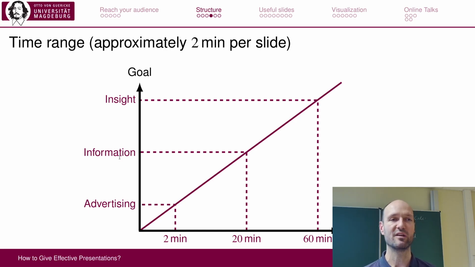And if you try to explain this message, you need, depending on the message, half a minute, maybe 2 minutes. So if you give, let's say, a 30-minute presentation, planning something like 20 slides, 30 slides, if you really have just one main message per slide, is usually okay.